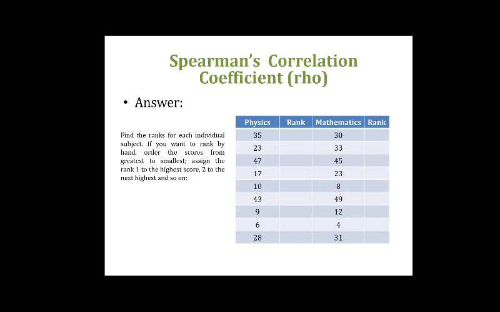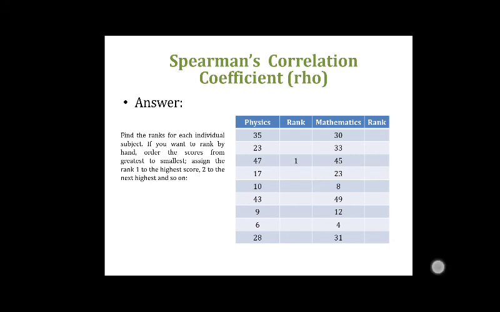You can see here, find the rank for each individual subject. If you want to rank manually, by hand, you can order the scores from the greatest to the smallest, assigning rank 1 to the highest score, then 2 for the next highest, and so on. For the physics subject, what is the highest score? 47. So I will assign rank 1 to 47. What is the next highest score?